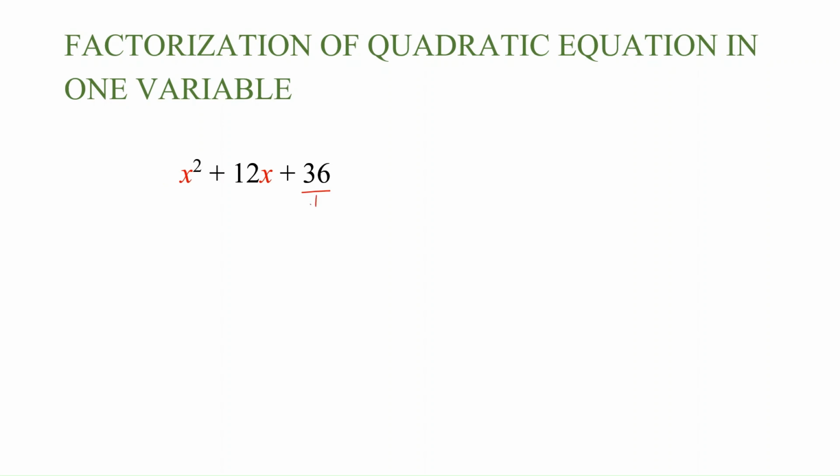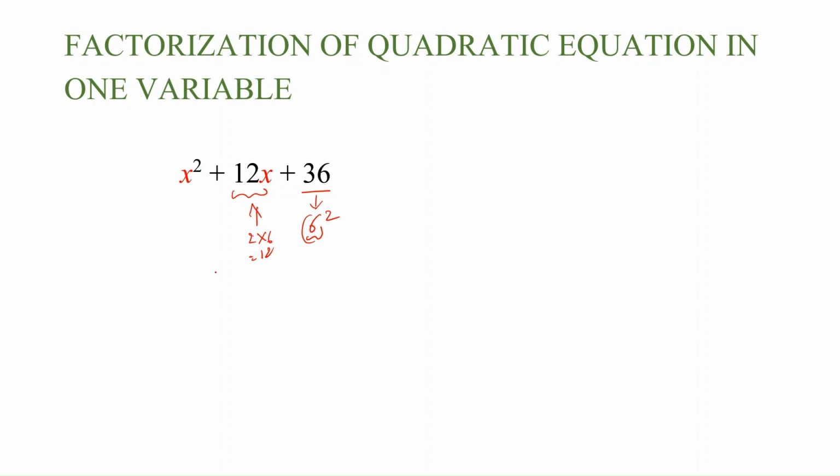Can 36 be written as a square of any number? 36 is 6 squared. In that case, we will check the middle term. Can the middle term be written as 2 into this number, that is 2 into 6 is 12? The middle term is the same.